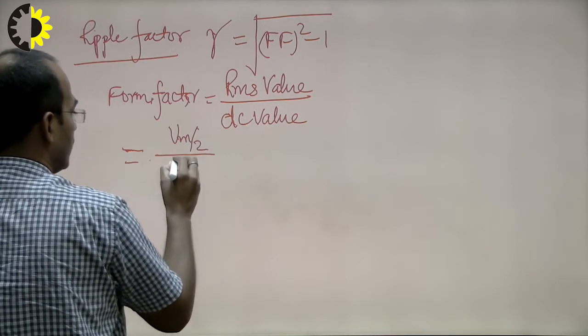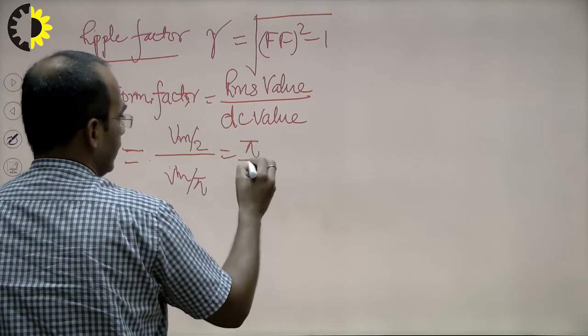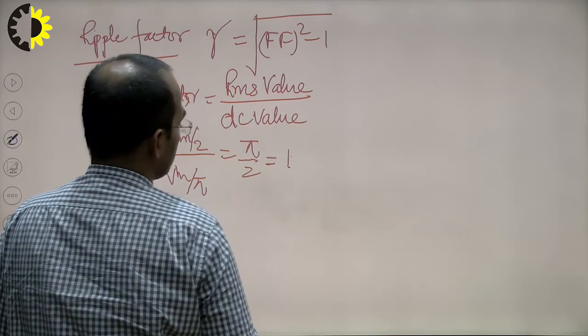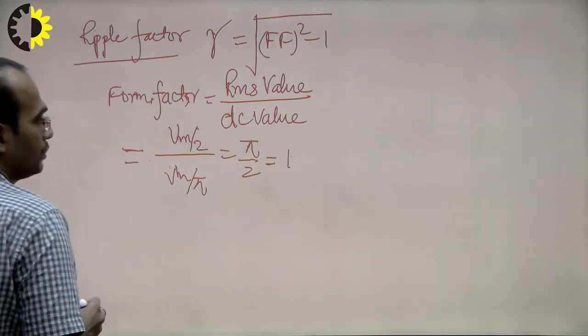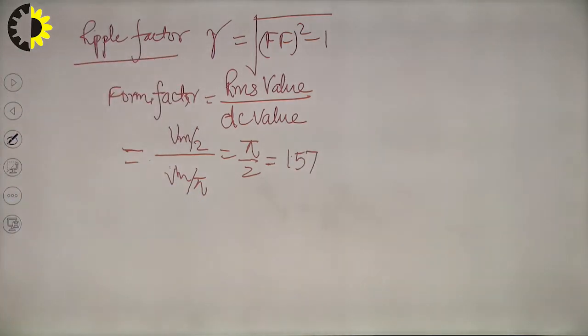So form factor is RMS value upon DC value, so this value is pi by 2. Taking pi as 3.14, you will get 1.57. So this is the value of form factor.